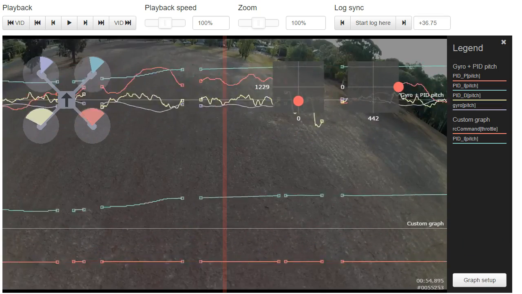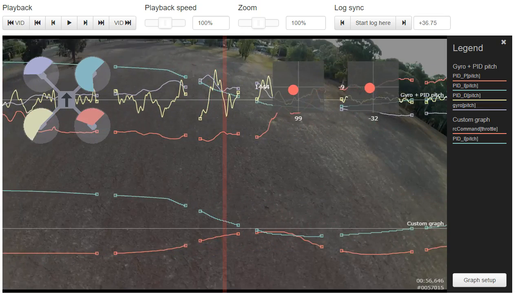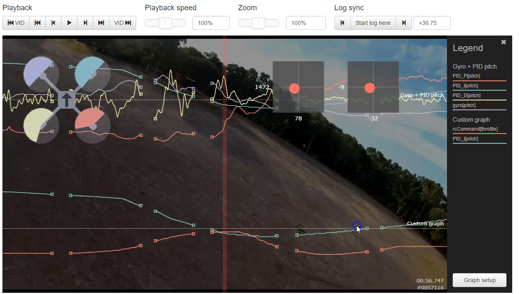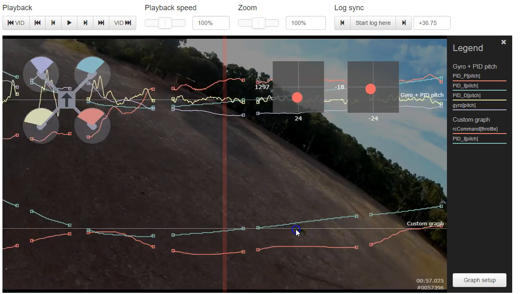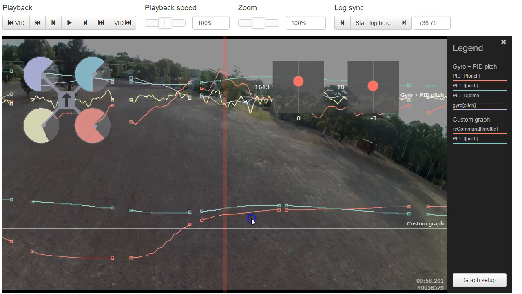So we can see, interesting, very interesting. We can see some interaction between them, but for example here, notice that you cut the throttle and the I term responds slowly.